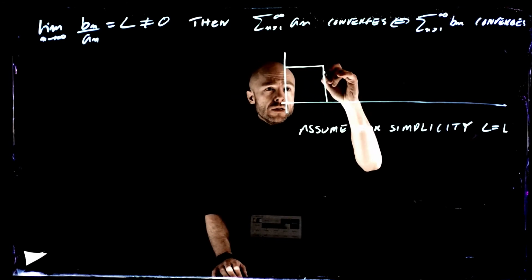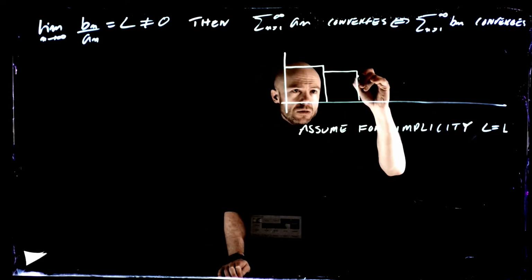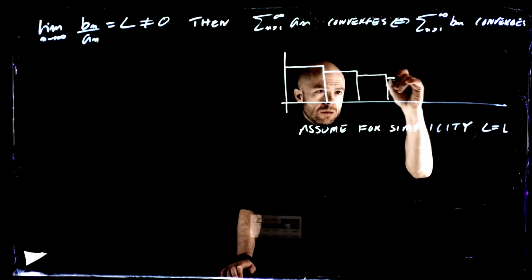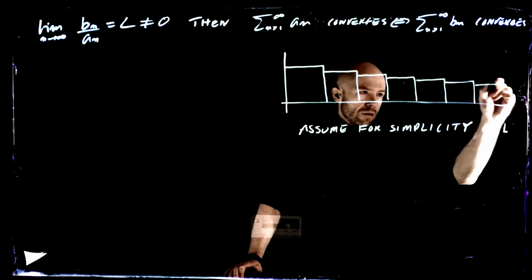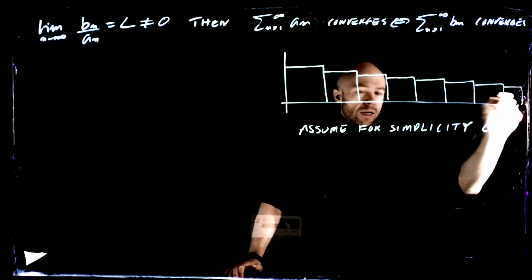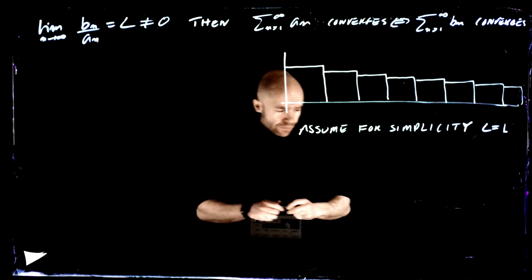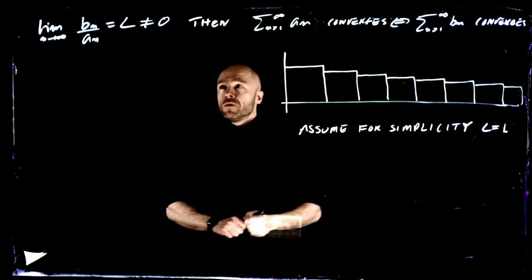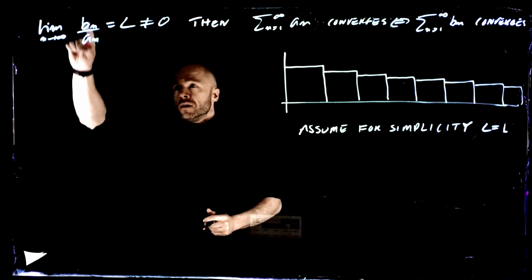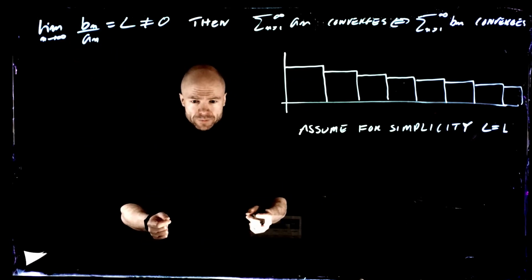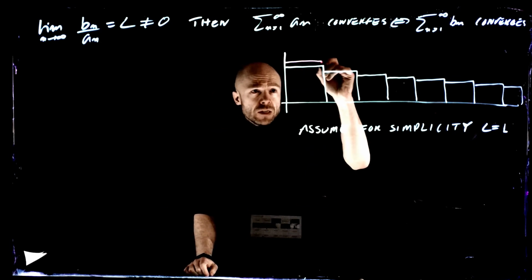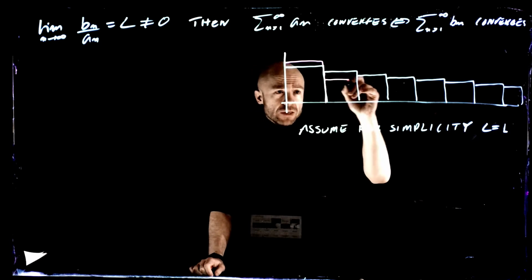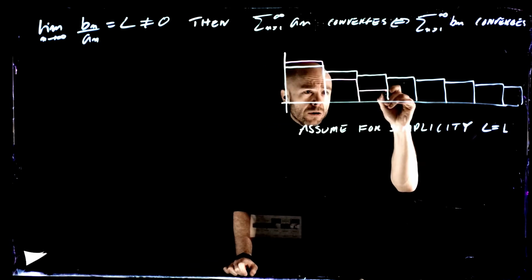So this is Bn, and if I'm going to draw the An, what's it going to look like? Well, we know that the ratio of Bn over An tends more and more to 1. So whatever these blocks start off as, sometimes they could be above, sometimes below, sometimes way off.